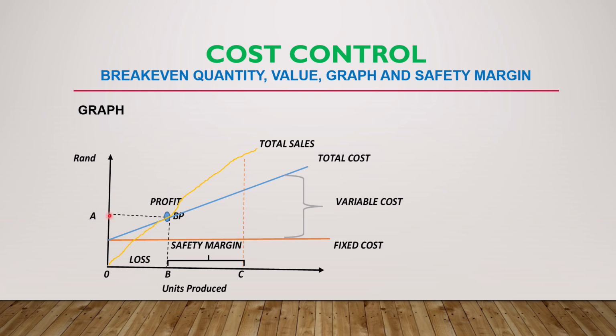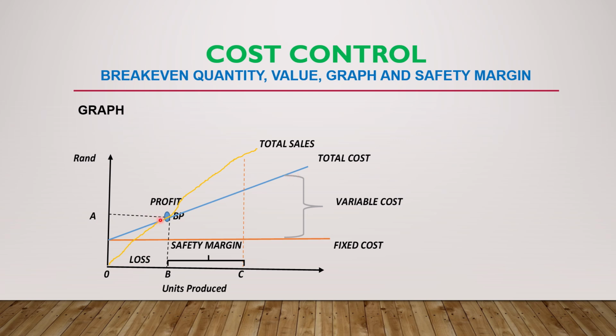After that, you must determine the profit or loss. Okay, so we said you start at the break-even point. We said the area above the break-even point is your profit because your sales are greater or above the cost, right?